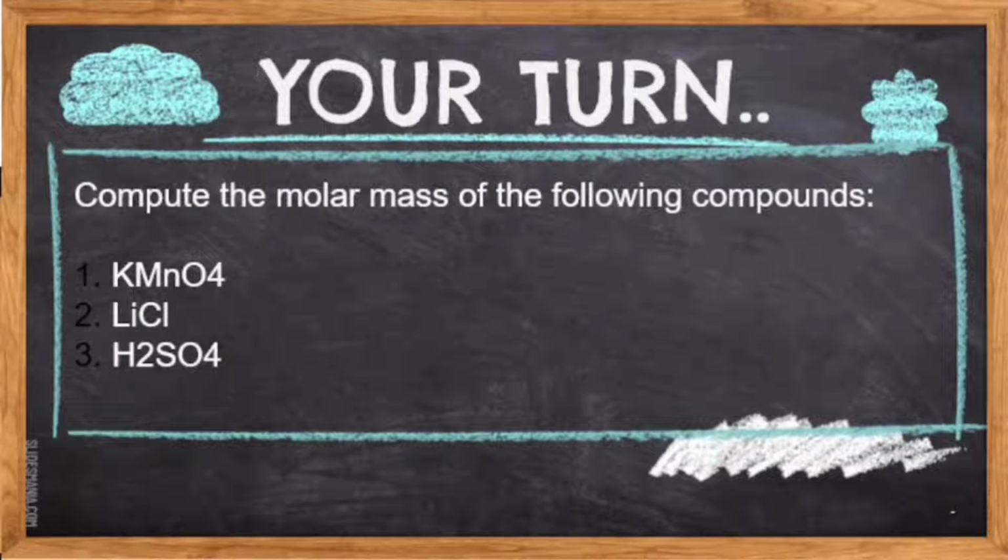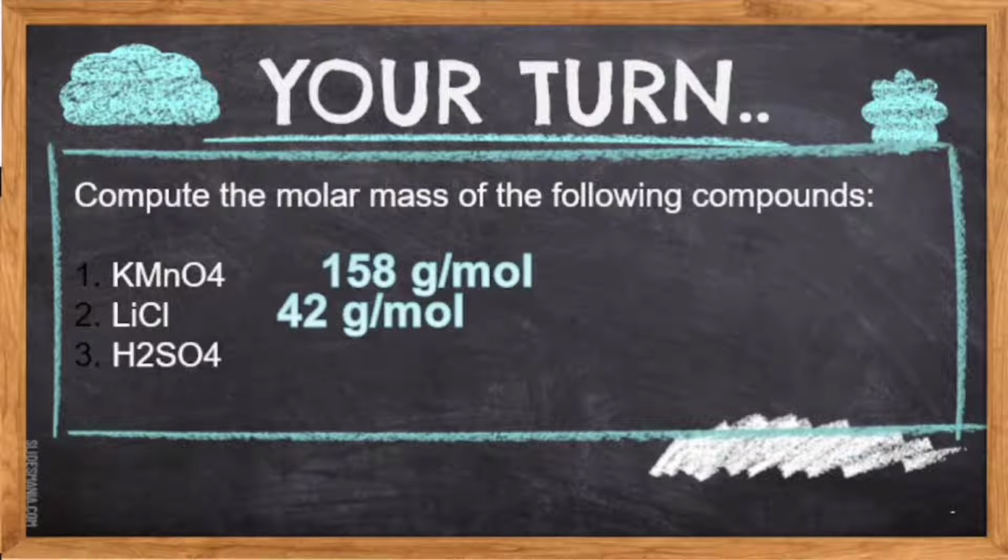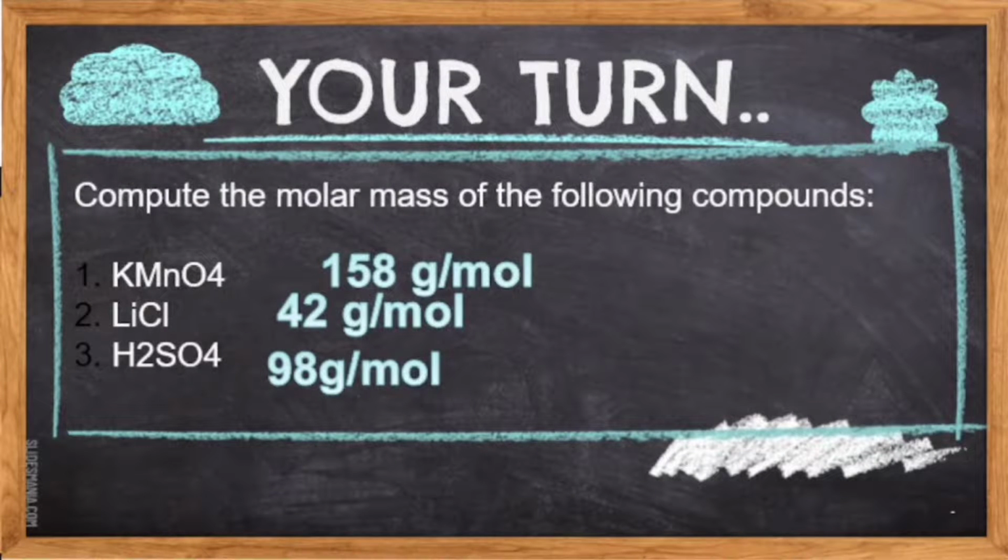Are you done? Let's check your answer. 158 grams per mole for potassium manganate. If you get 42 grams per mole for lithium chloride, you are correct. And 98 grams per mole for sulfuric acid.